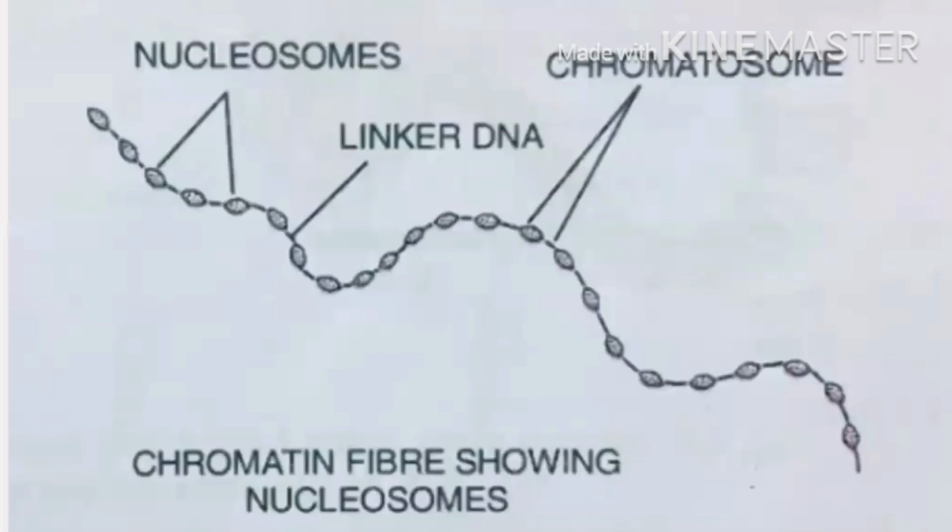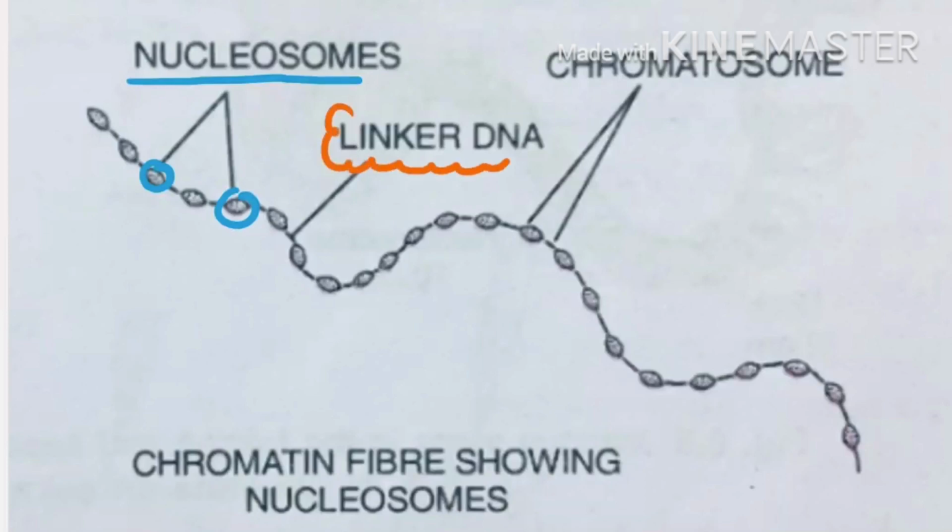See how the nucleosomes are appearing as beads on string. See this, these are the beads. These beads are your nucleosomes. And the DNA which is present between the two beads is the linker DNA. This is linker DNA. So nucleosomes appear as beads on string.